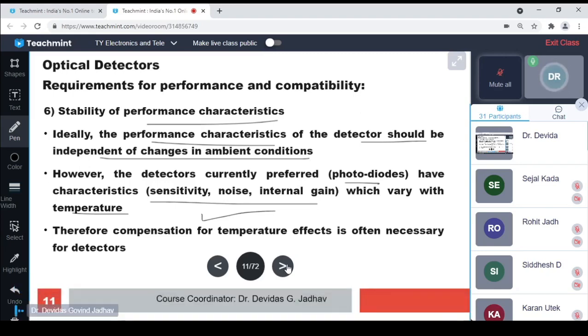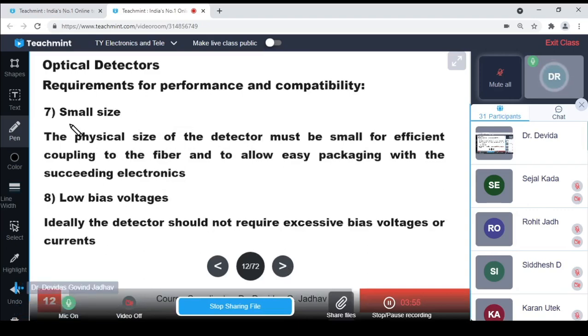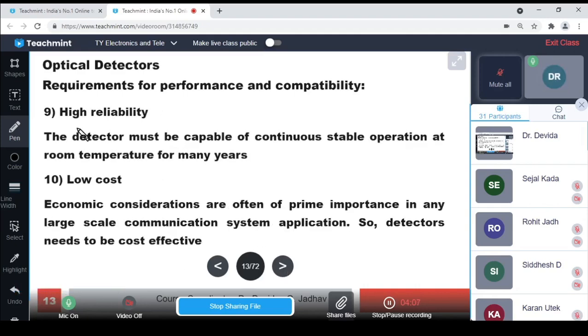Small size is required because the detector is to be compatible with the optical fiber cable and the electronics. Low bias is needed to have the advantages. The reliability should be high. The detector must be capable of operating continuously and stably at room temperature for many years. And economical consideration, the detector should be cost effective.